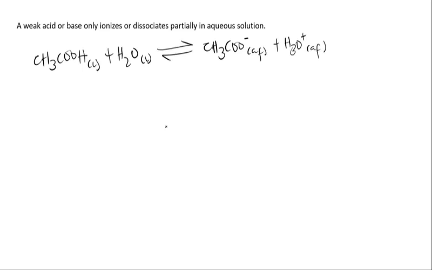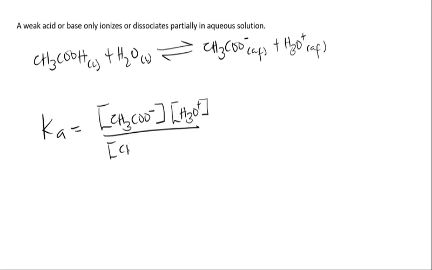Now, the Ka, or the acid dissociation constant of any weak acid, can be written as Ka is equal to the concentration of the ions formed in aqueous solution, which is the acetate ion CH3COO minus, multiplied by the hydronium ion concentration, divided by CH3COOH, and that of water.